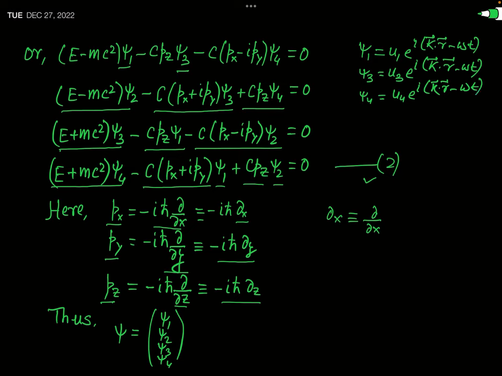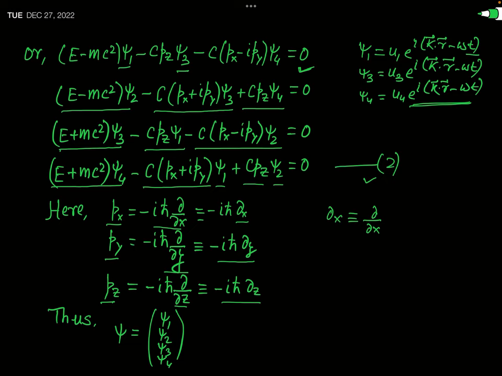Now you can see, when we replace psi 1, psi 3 and psi 4 in this first equation by the corresponding plane wave solution, this plane wave factor, e to the power i (k dot r minus omega t), will be a common factor. It will be present in all the 3 terms in the LHS, so it can be taken out, and when you divide the 0 in the RHS by this factor, the result will be 0.